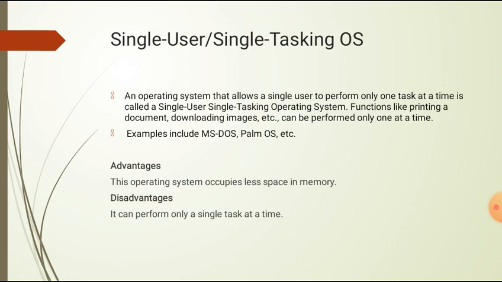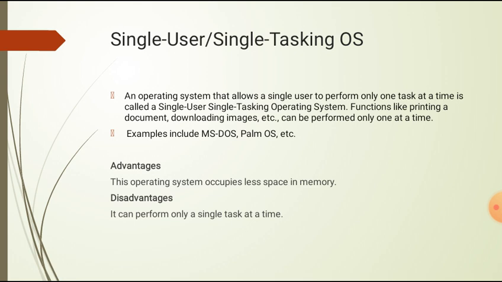Single user or single tasking OS. An operating system that allows a single user to perform only one task at a time is called a single user, single tasking operating system. Functions like printing a document, downloading images, etc. can be performed only one at a time.